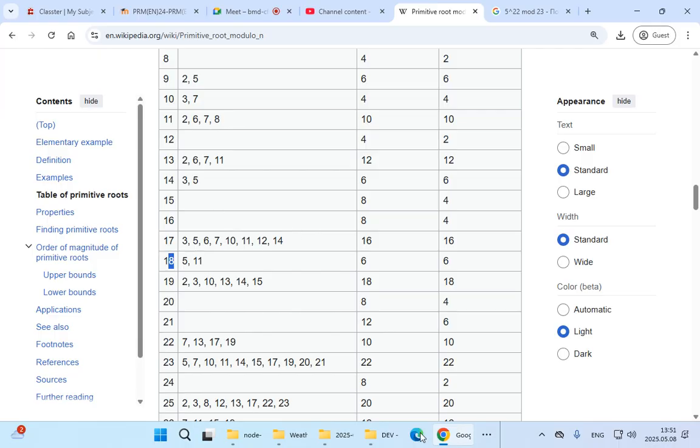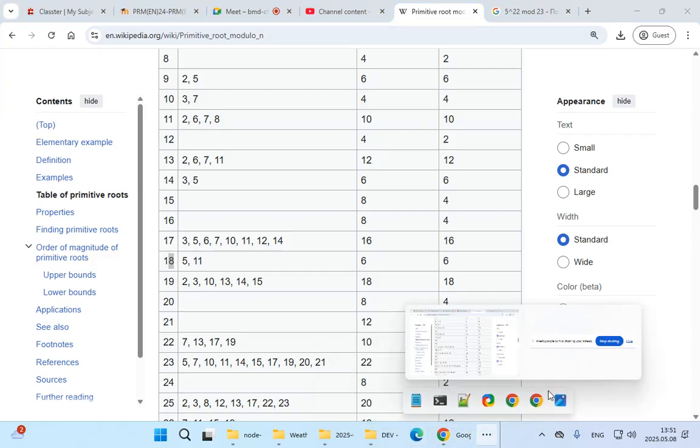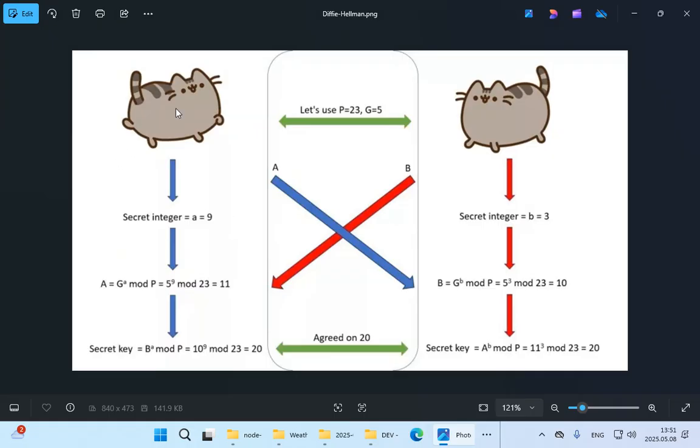Yes. And now look, let's return to the picture. So here is Alice and here is Bob. And they have to agree on these two numbers. Firstly, there should be the number P and the number G. So G is a base and P is not a power but the prime number.